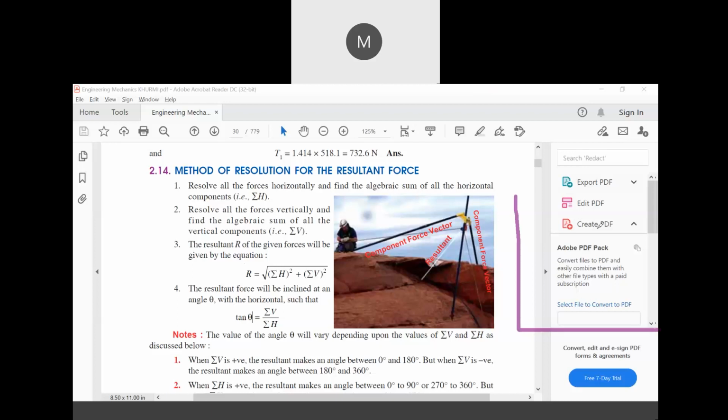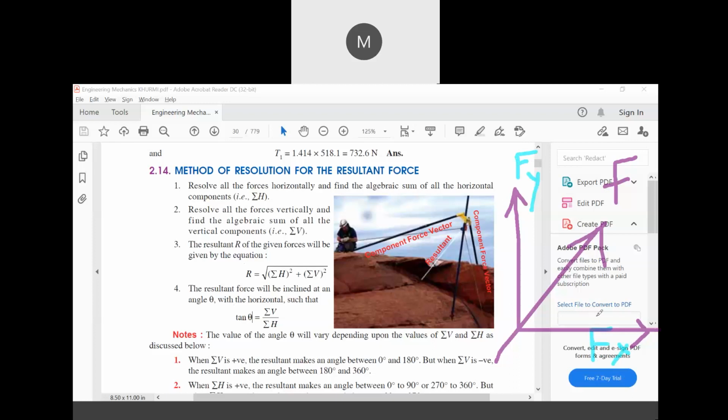Now suppose this is F. If you resolve it in the x and y directions, this is Fx and this is Fy. That means you are resolving this force.